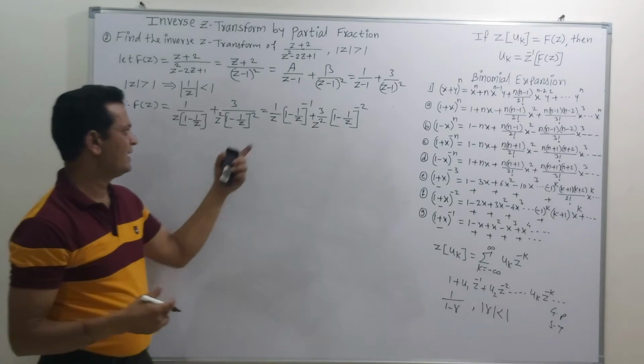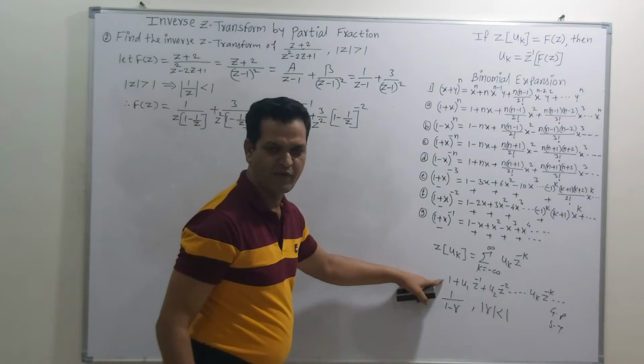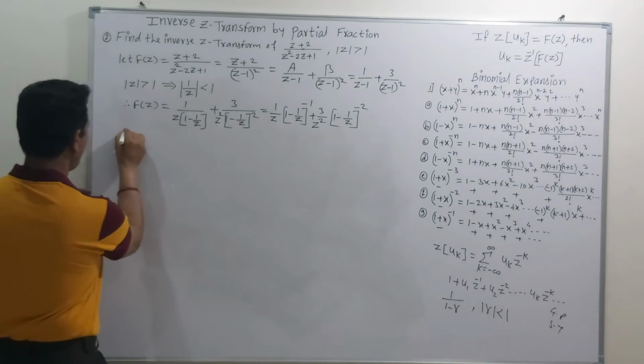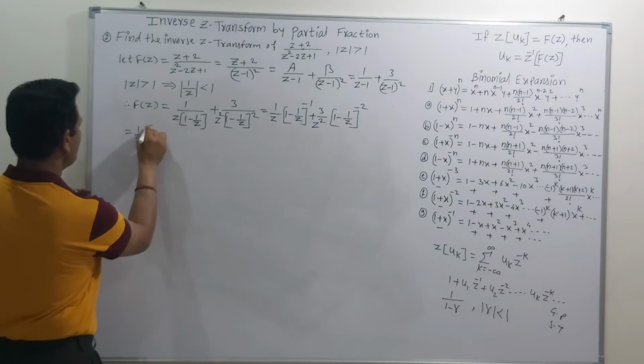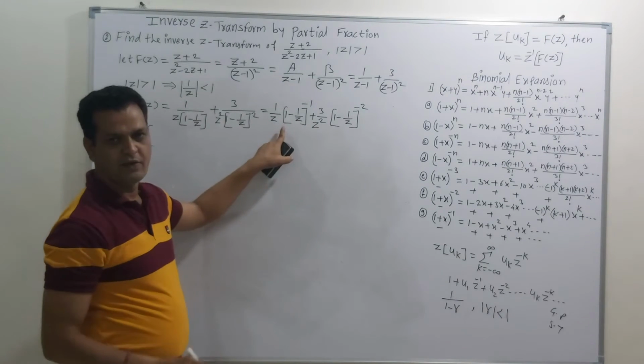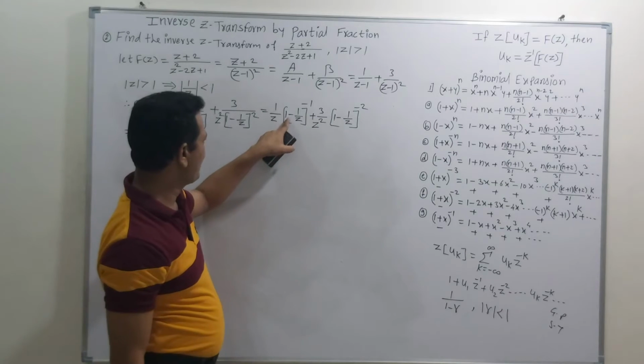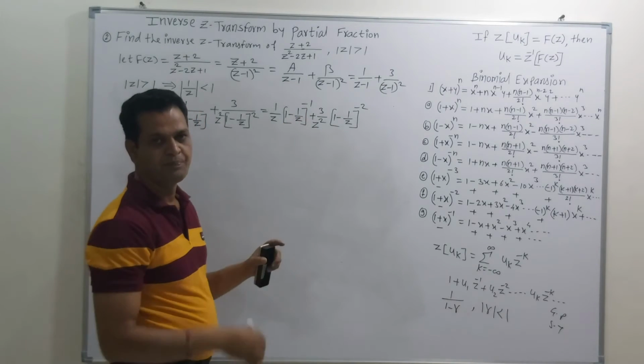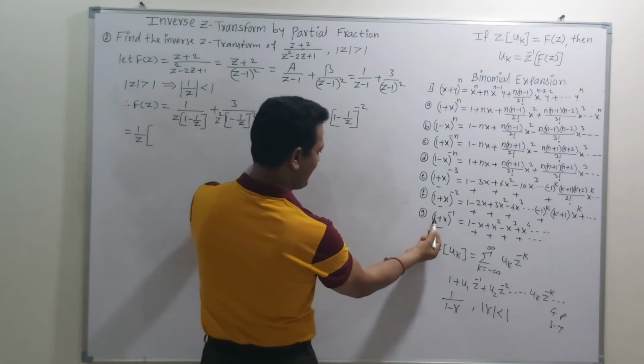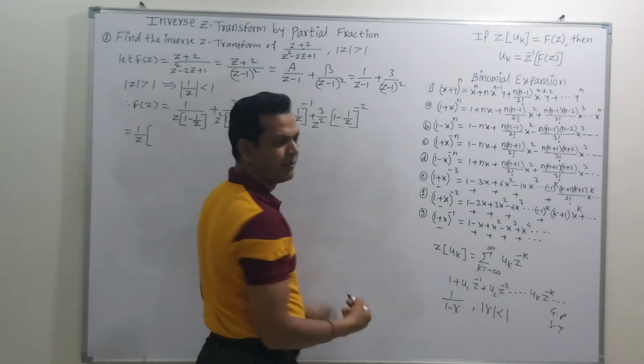Now friends, our next aim is to obtain such type of expansion. We can write this as 1 upon z as it is. If we observe this term, it is 1 minus 1 upon z raised to minus 1. That means this term is of the form 1 minus x raised to minus 1.